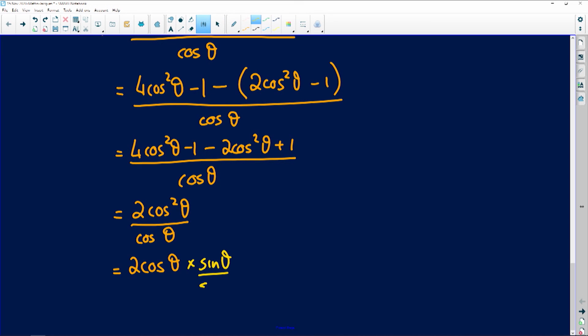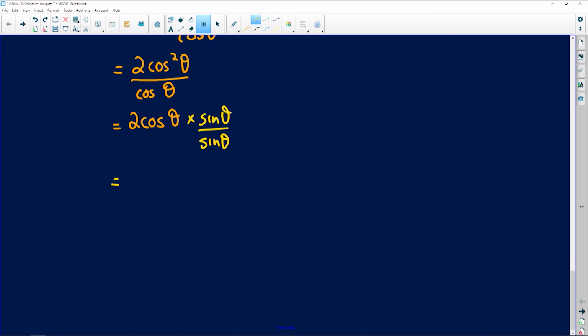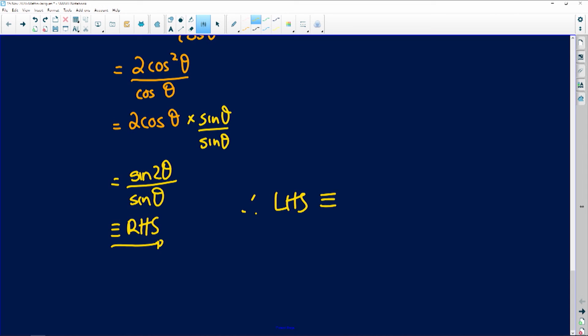Now if I do that, I bring in the right-hand side. I have 2 sine theta cos theta, which is the sine of 2 theta, all of that divided by sine theta, and that is indeed my right-hand side. So I just need to conclude that the left-hand side is identical to the right-hand side in this particular question.